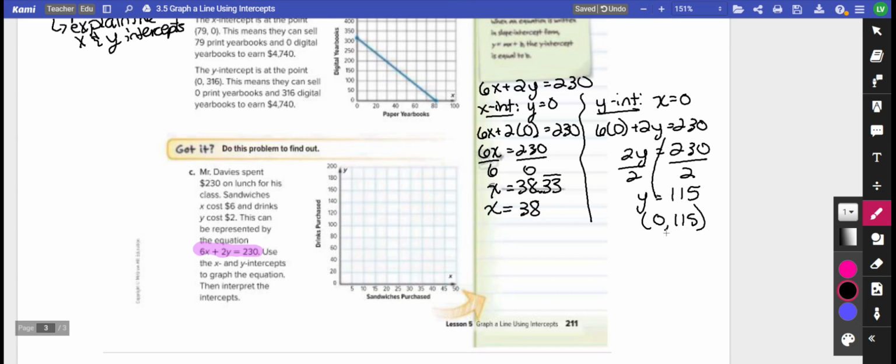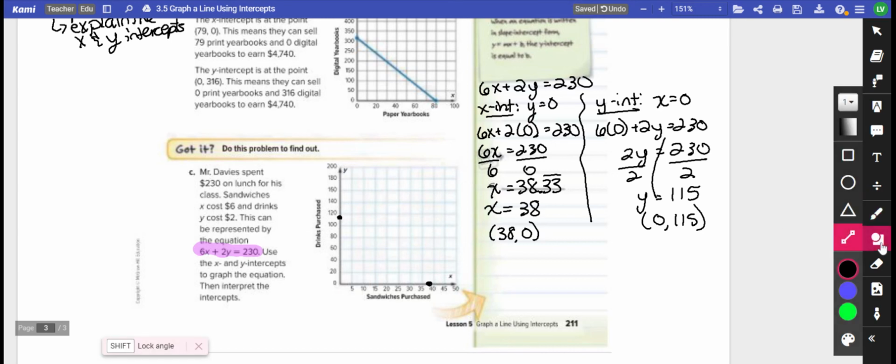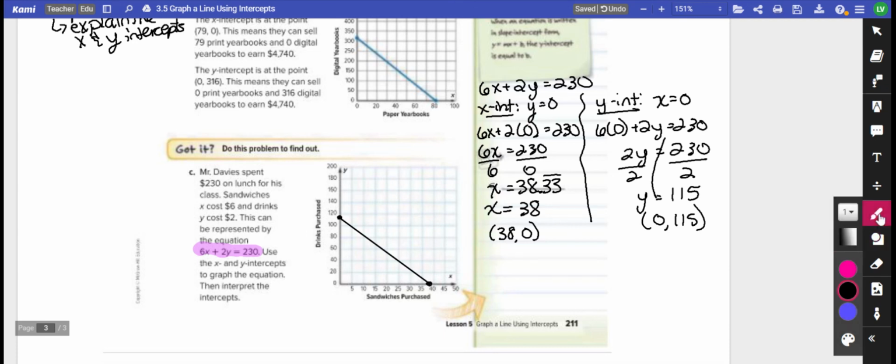That's my y-intercept. My x-intercept is at (38, 0). So if I plot (38, 0) and (0, 115) and I connect these points, now we can interpret the intercepts.